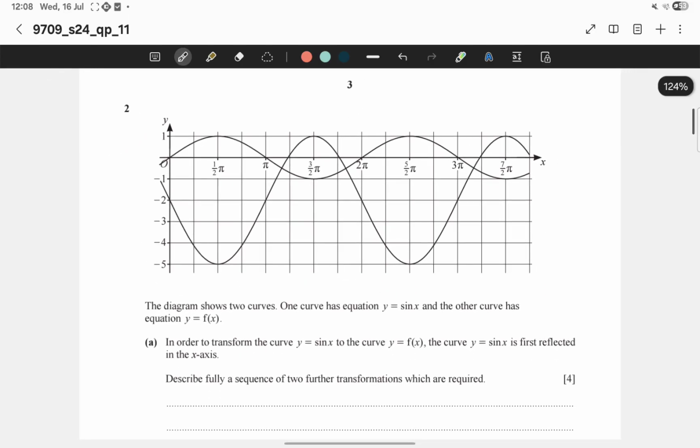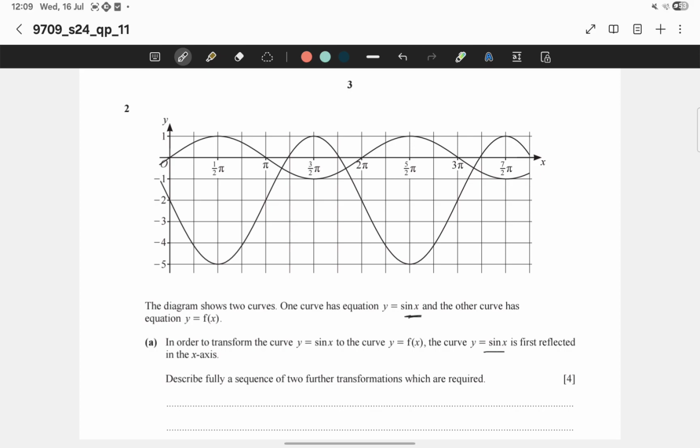We're given a sine graph, I think. Yes, it's a sine graph. So the diagram shows two curves. One curve has equation y equals sine x, and the other curve has equation y equals f of x. In order to transform y equals sine x, which is this one, to y equals f of x, which is this one, they said y equals sine x is first reflected in the x-axis.